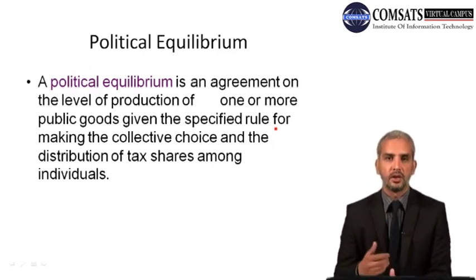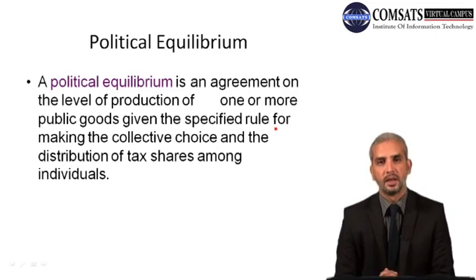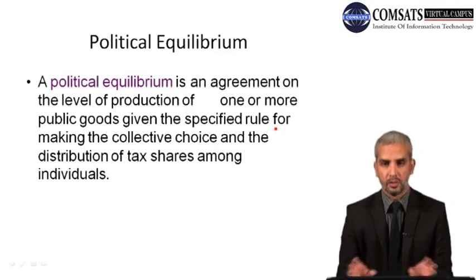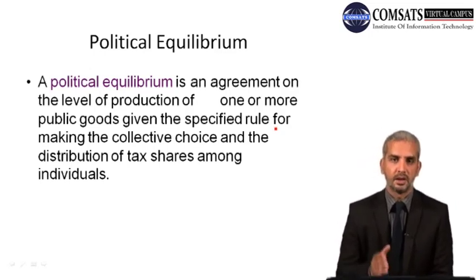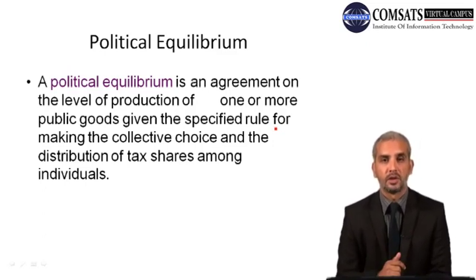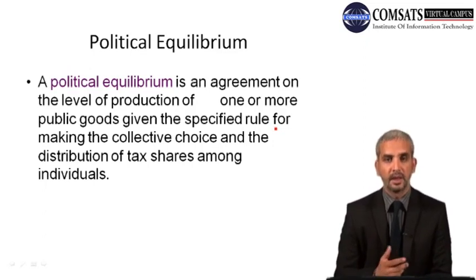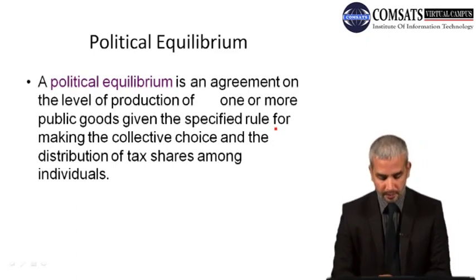Based on the majority rule, the output came out to be 4 security guards, which neither of the two sets on the sides wanted. FGH wanted more and ABC wanted less, while the political equilibrium that came out of majority rule was based on the median voter's preferred outcome.